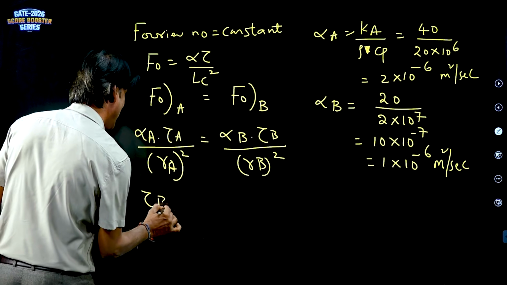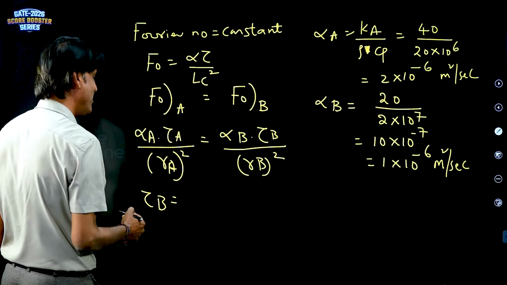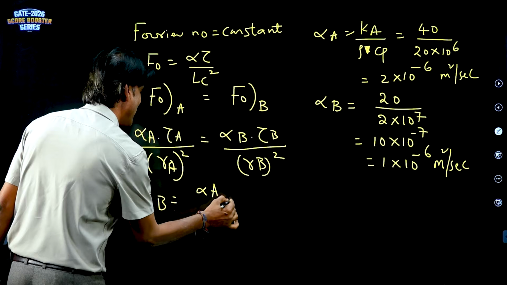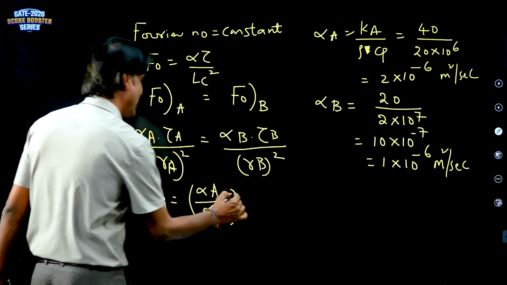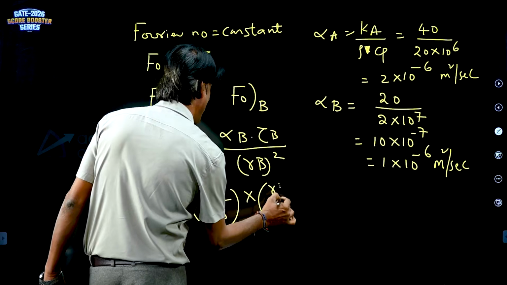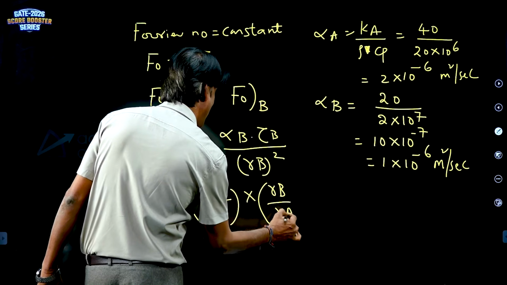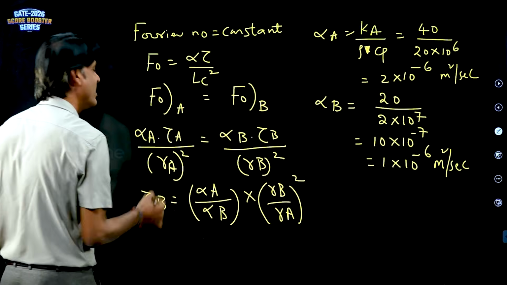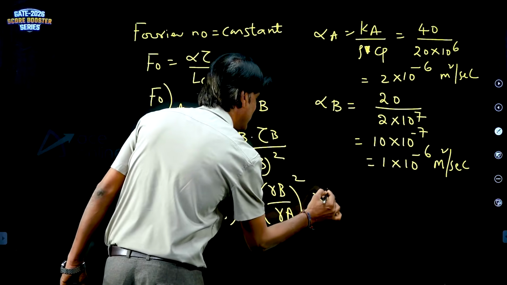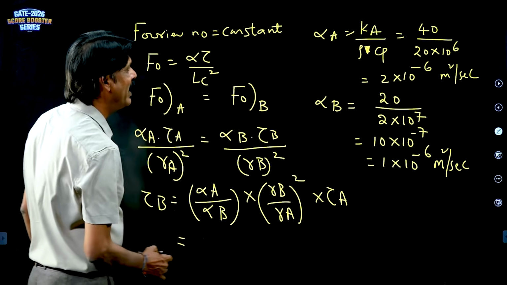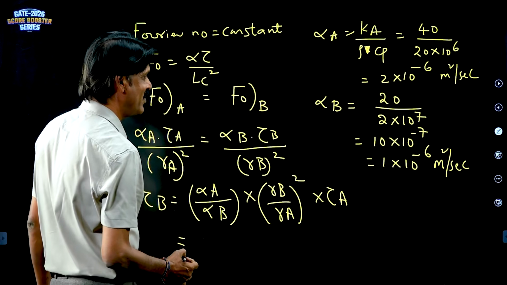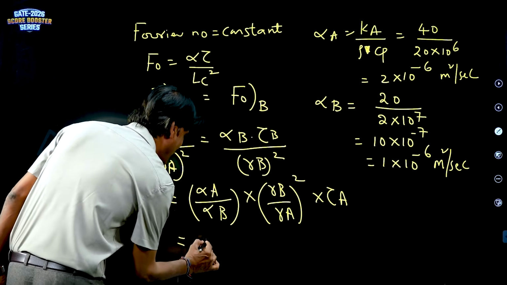So tau B, I want time, is alpha A by alpha B into RB by RA square into tau A. Alpha A is 2 into 10 power minus 6, alpha B is 1 into 10 power minus 6.